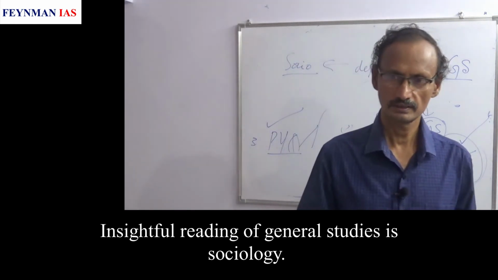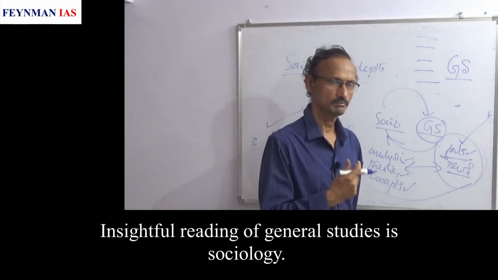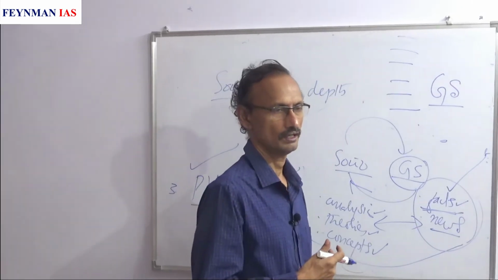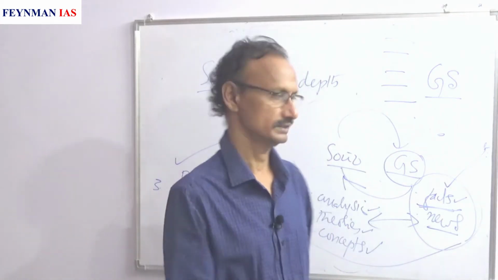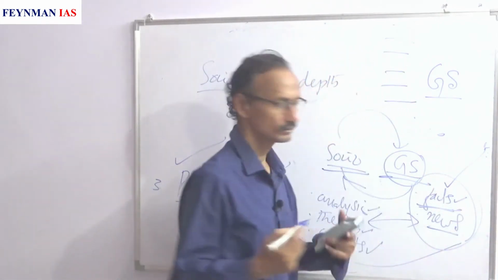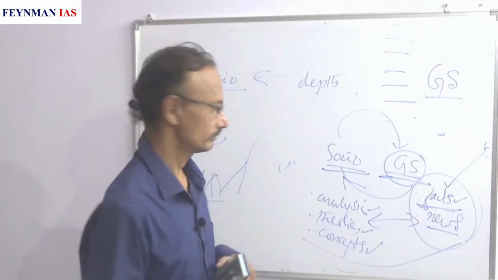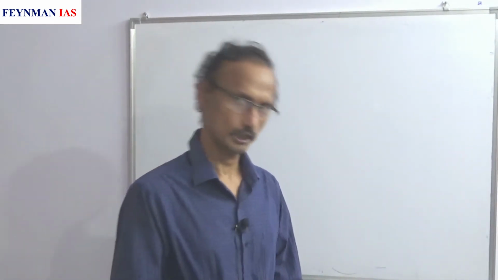If you ask me, insightful reading of general studies is sociology. And the source that supplies many facts on contemporary world to sociology is general studies. So this is how sociology and general studies are very closely interlinked when it comes to the dynamic part of sociology.